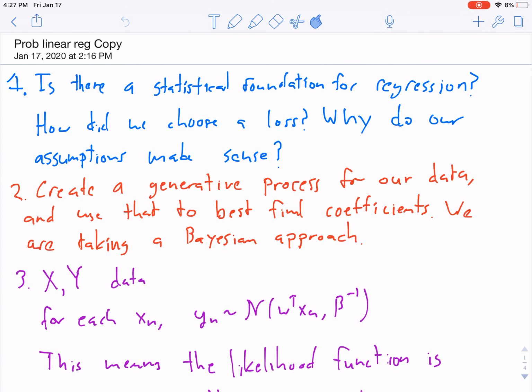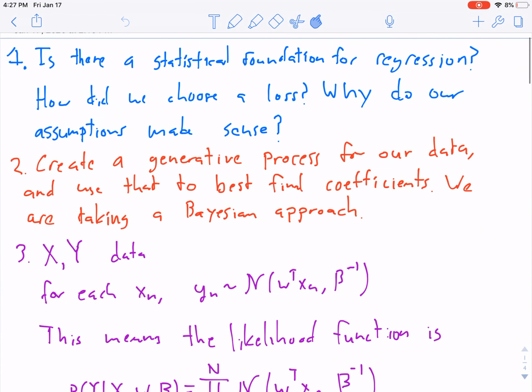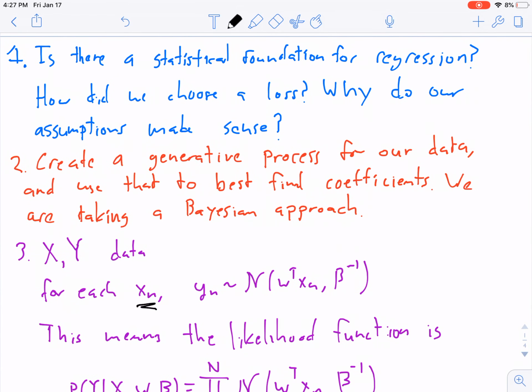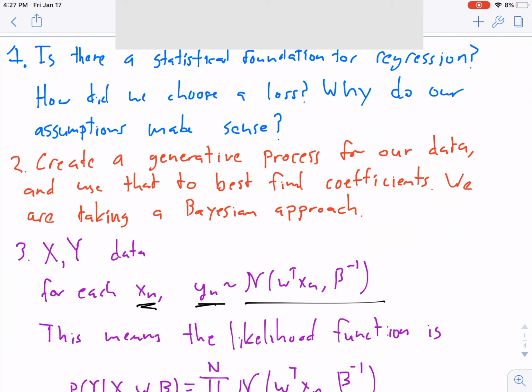First, assume that we have some data x and y, and our generative process is, for each x_n, each data point, our y_n comes from a normal distribution centered on w^T x_n with standard deviation beta^-1. Basically, for some x_n, if you have the true w, then y is a random variable from a normal distribution with mean the dot product of w and x_n, but there's some distorting noise in beta.